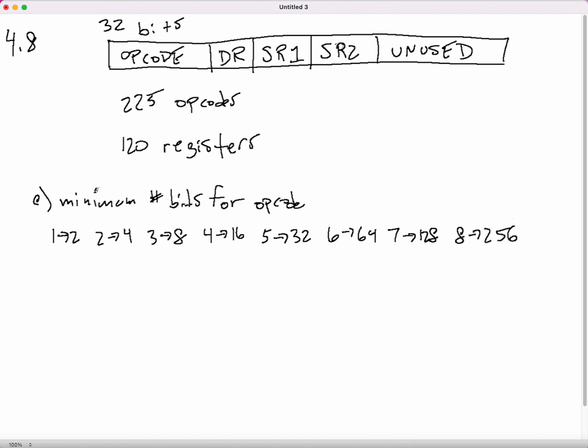So the minimum number of bits that I would need for the opcode would be 8 bits. 7 is not enough. So the answer to this is 8 bits.